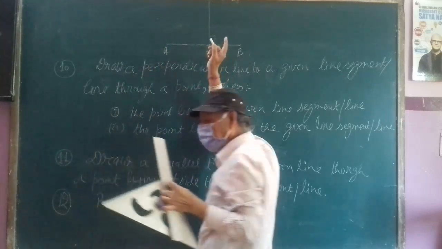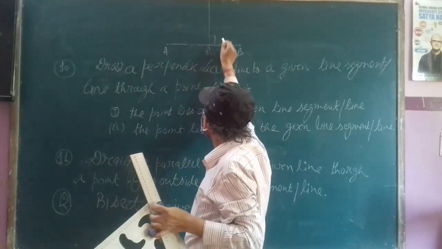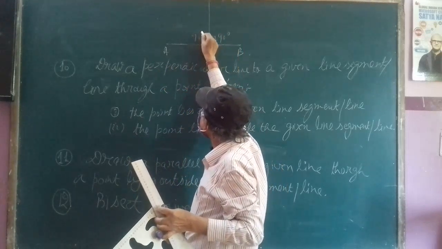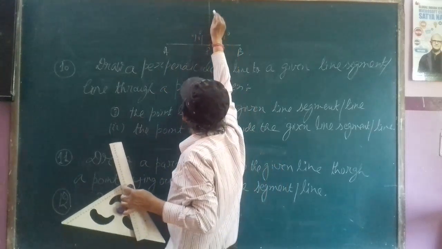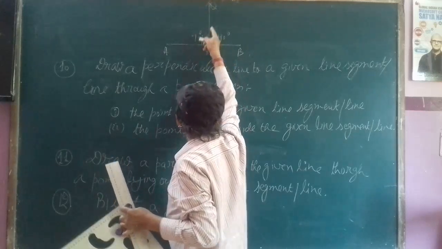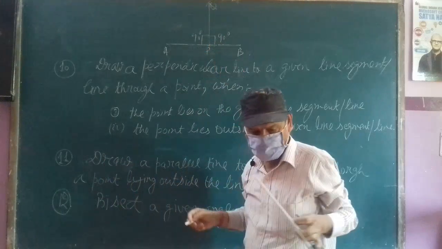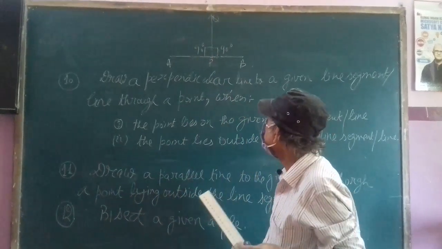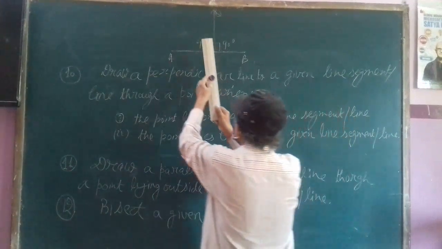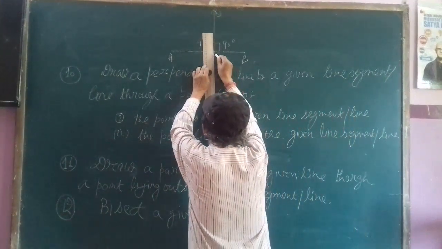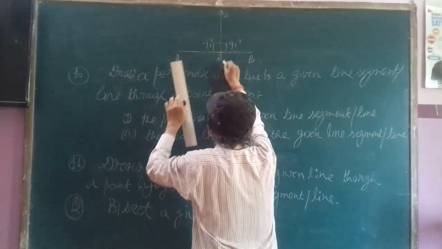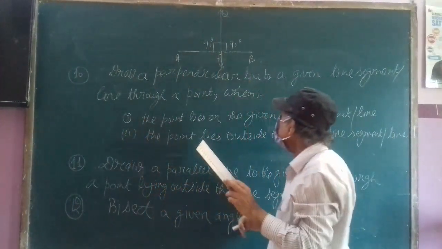If you measure this angle, you see this is 90 degrees, and this is also 90 degrees, and you can name this Q. So this is your PQ, a line segment. If you draw it further downwards, then it will become a line. You can put an arrow mark here. So this is a line.